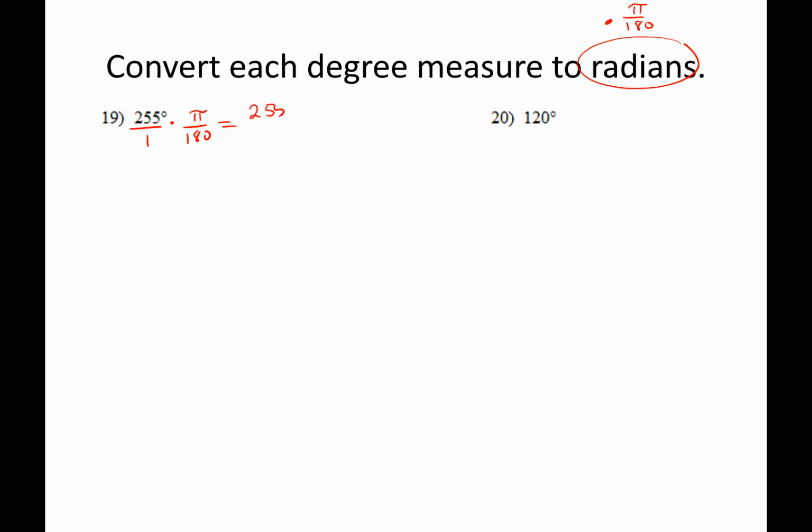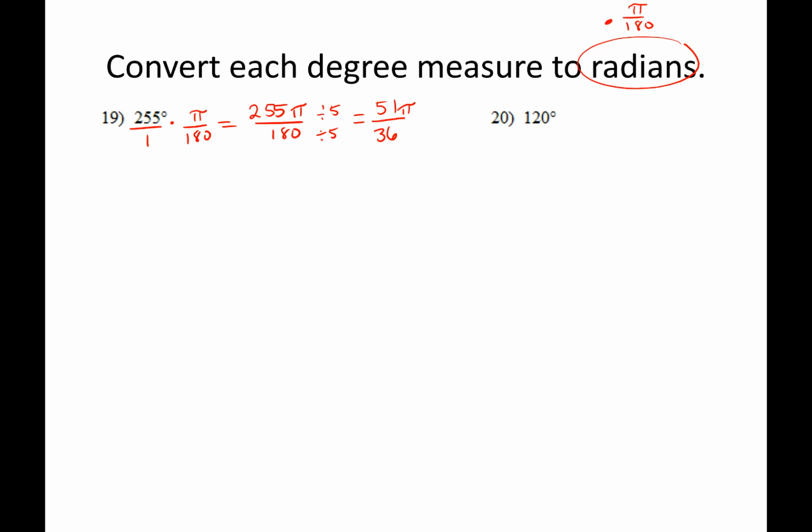So I have 255 pi over 180. What I'm looking for here is some way to reduce. It looks like I can divide top and bottom by 5. So 255 divided by 5, I get 51. And 180 divided by 5, I get 36. Don't forget your pi, that was still in the top.